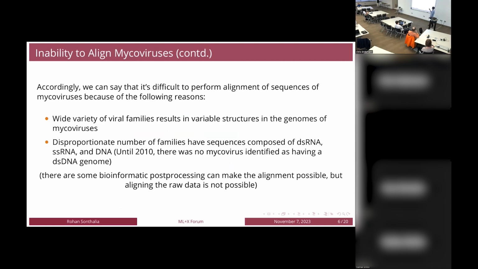And there is a disproportionate number of families that have sequences composed of several genomes, which is either double-stranded RNA, single-stranded RNA, or even DNA. And it was only up until 2010 that we realized that mycoviruses can be composed of double-stranded DNA as well. Now, given that there is some bioinformatic post-processing that can allow us to align these sequences, aligning the raw data is something that's not possible right now.